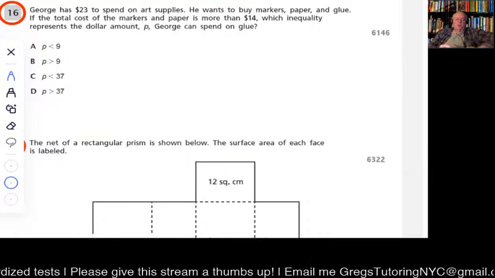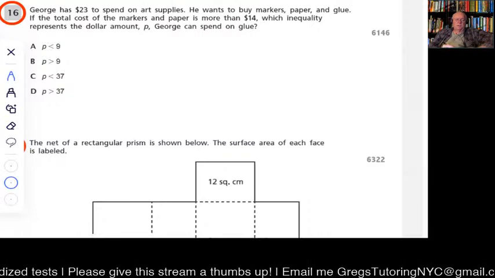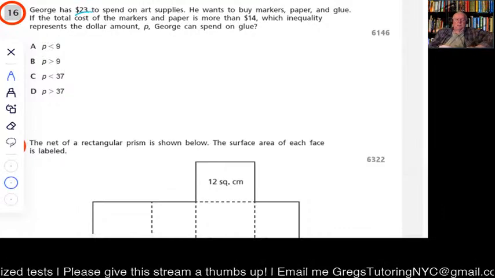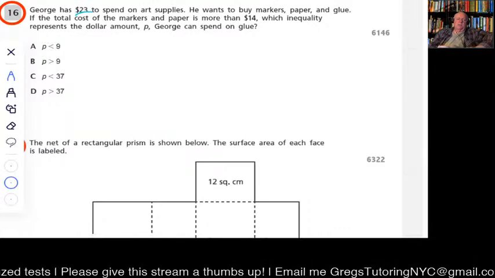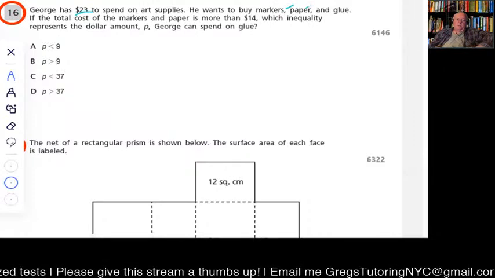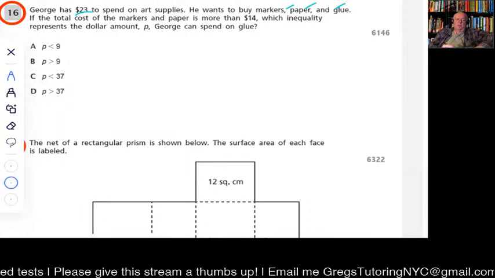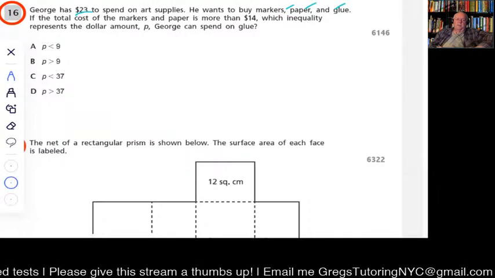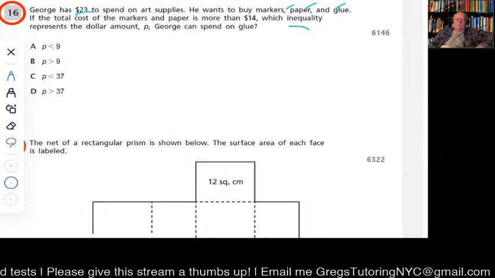George has $23. He hasn't spent it yet. He has $23, and he's going to spend it on art supplies. He wants to buy markers, paper, and glue. If the total of the markers and paper is more than $14, which inequality represents the dollar amount?